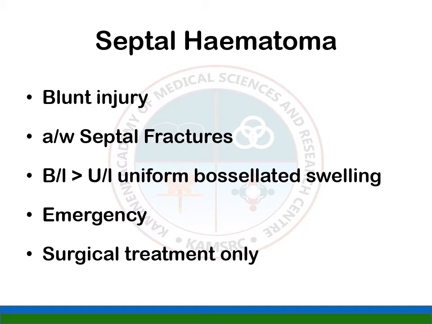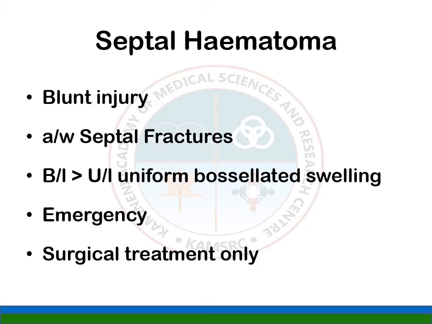That's why septal hematoma is considered one of the emergencies, to be treated as early as possible. The more the delay, the more the chances of necrosis of cartilage, and further sequelae will increase and will lead to definite supratip depression.